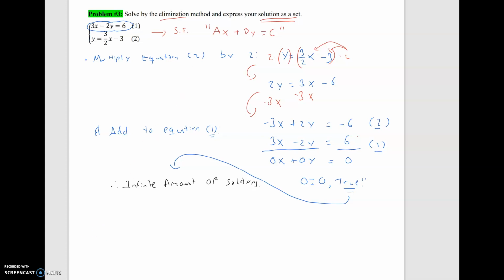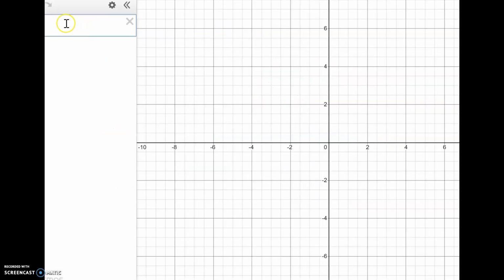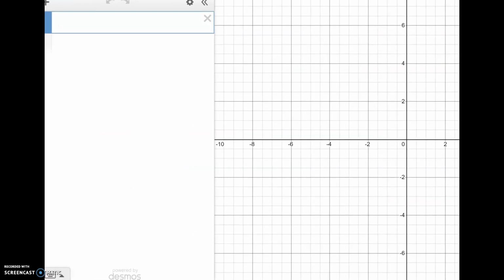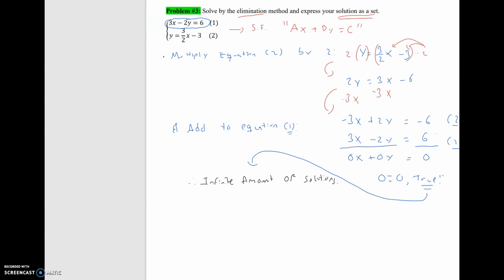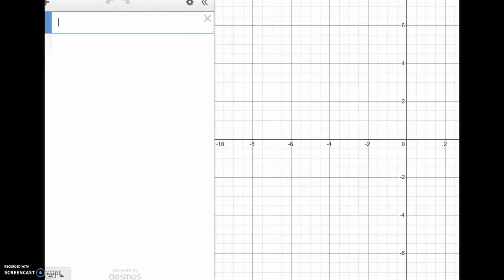Let me put it in decimals. We're looking at the following equation. This one reads 3x minus 2y is equal to 6.